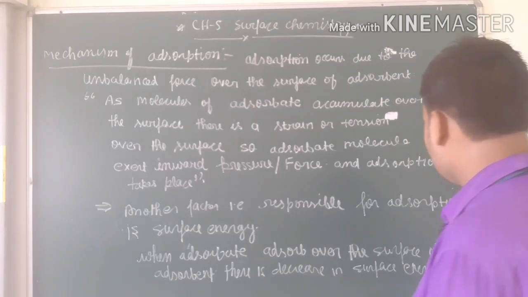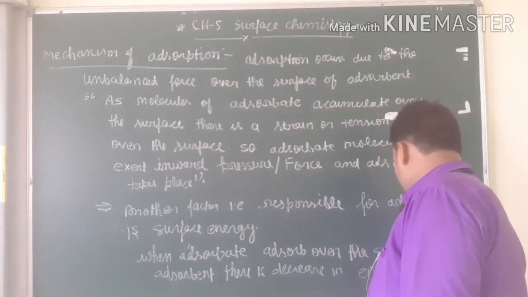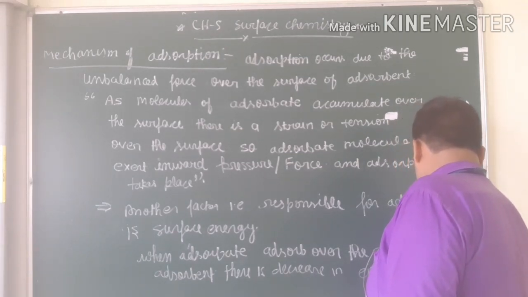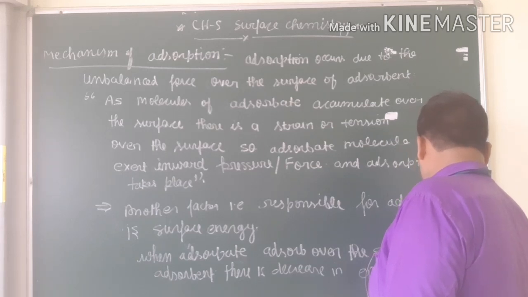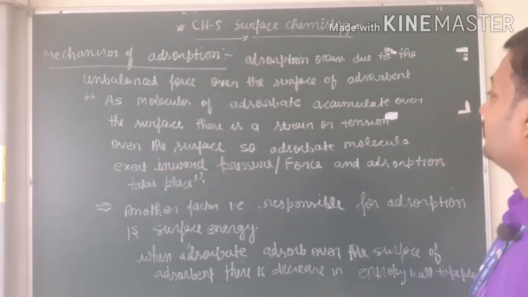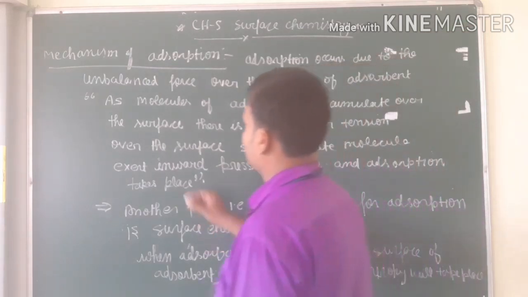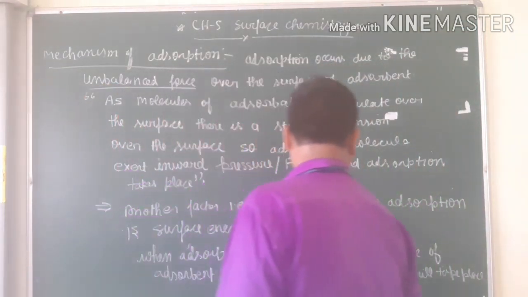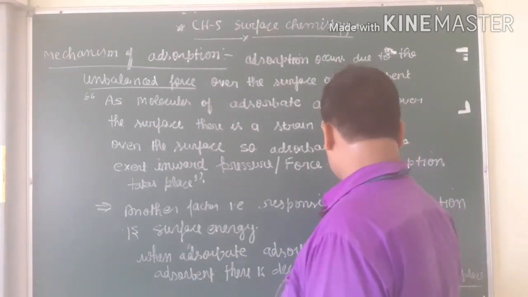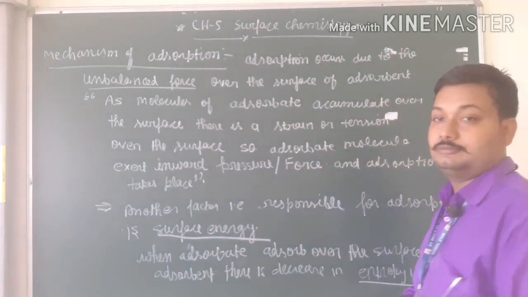A decrease in entropy will take place. Okay, please take a screenshot. So students, the first factor is the unbalanced force, and the second factor is the entropy or surface energy. So try to understand.